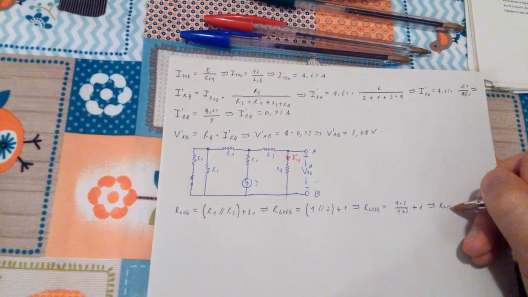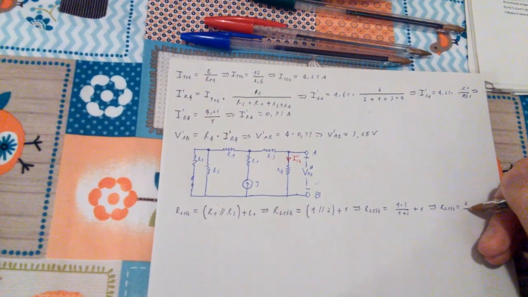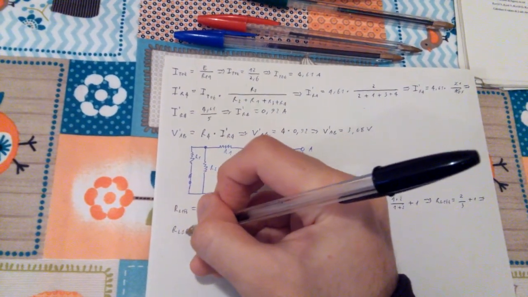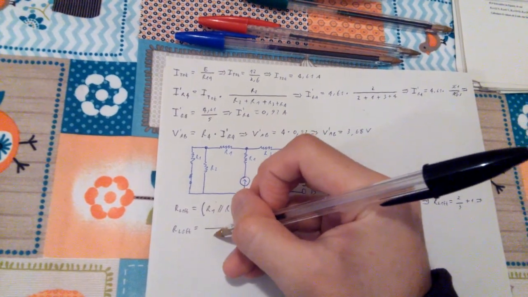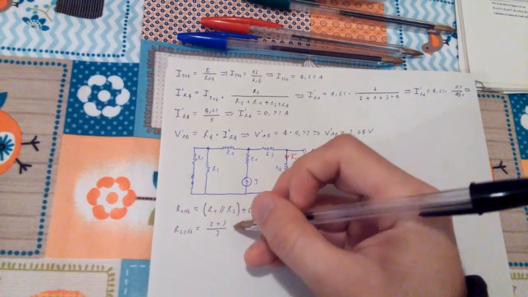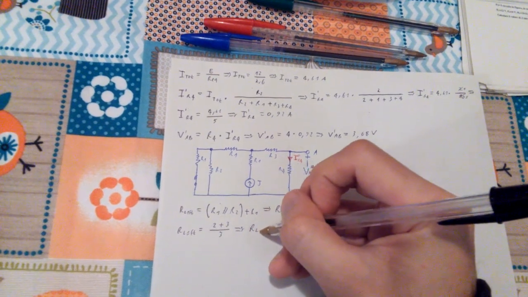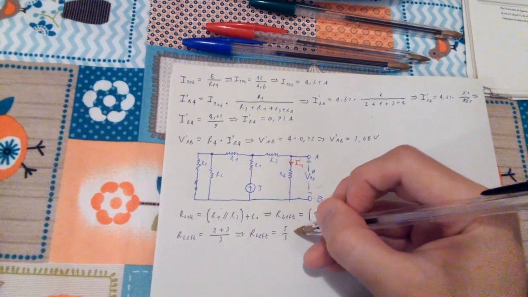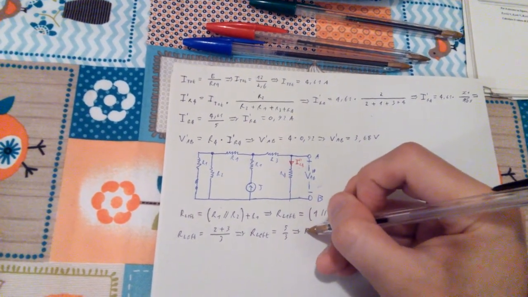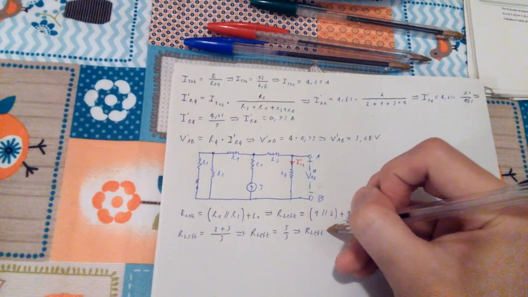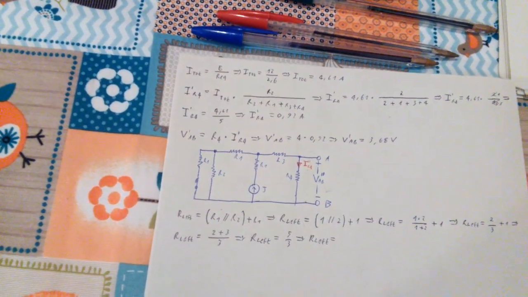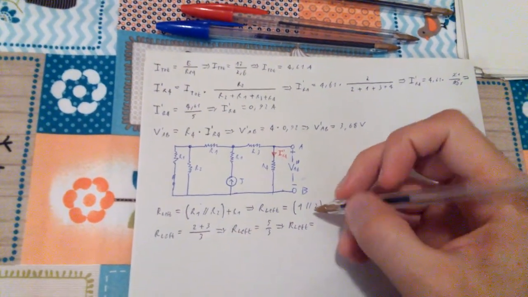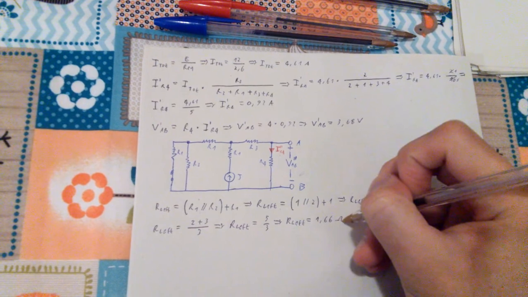Therefore, R left is 2 over 3 plus 1. So R left is 5 over 3, which is just 1.66 ohm.